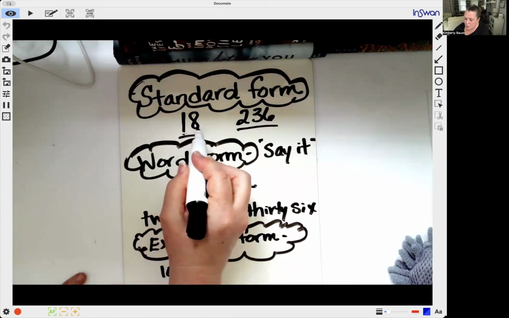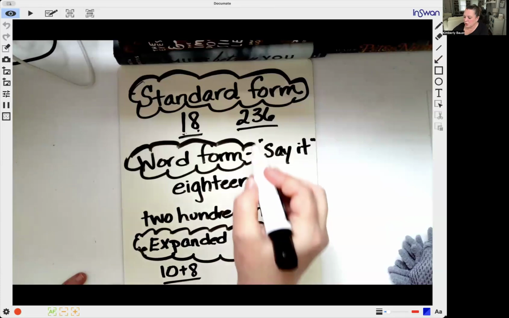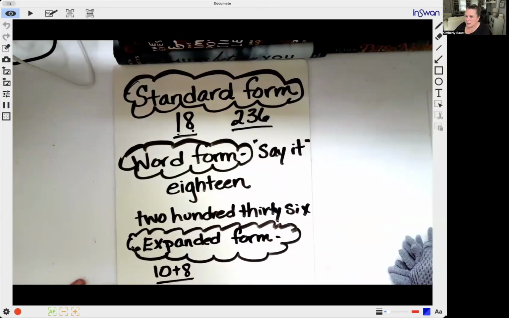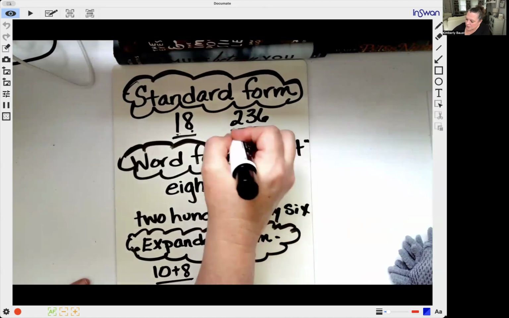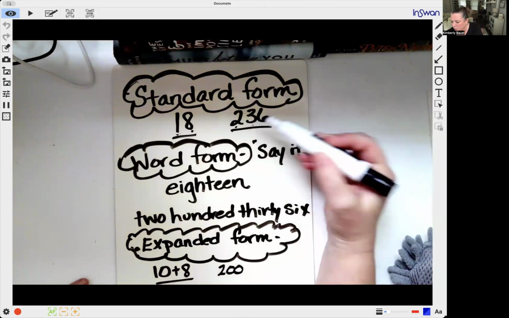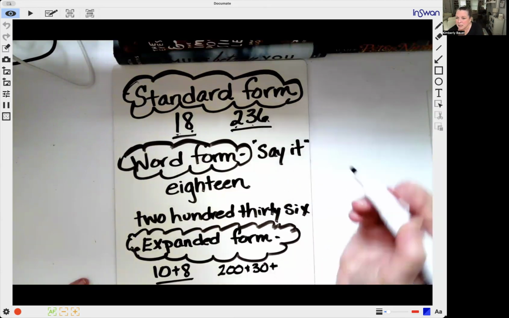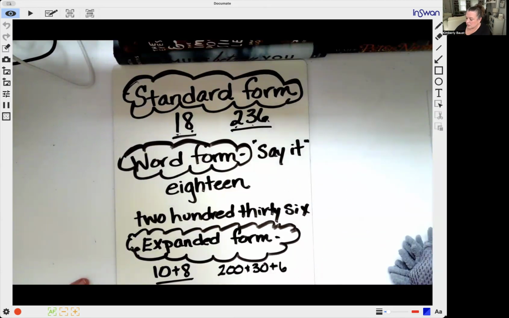What's the value of the digit 8? Well, it is worth 8. That is expanded form. So if you look at 236, what's the value of the 2? 200. The value of the 3? 30. And the value of the 6 is 6.